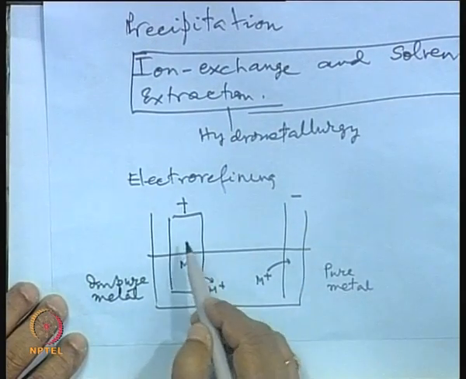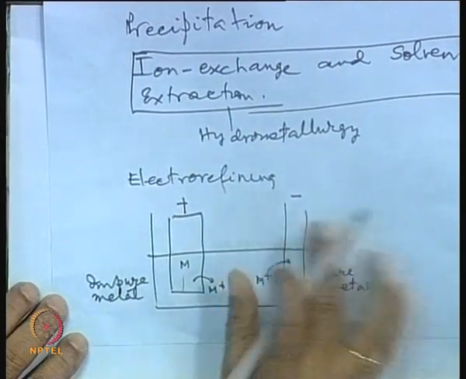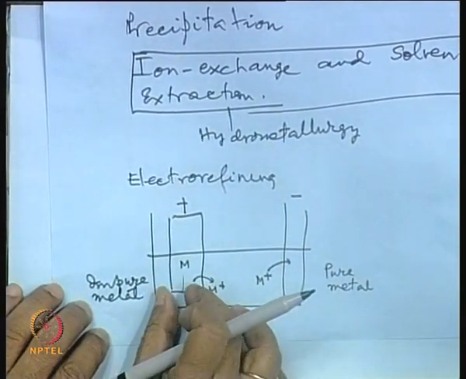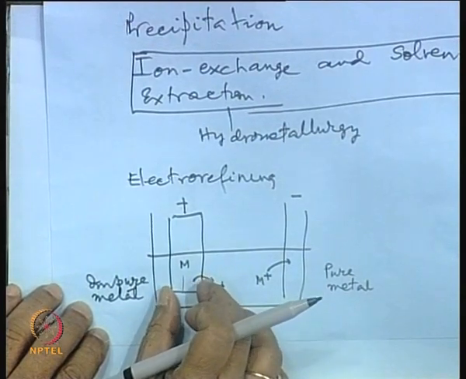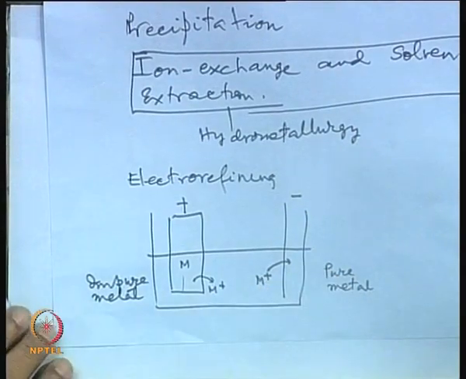So, with time this will begin to become thinner and this will become thicker. So, from an impure thick anode we will produce a pure thick cathode.